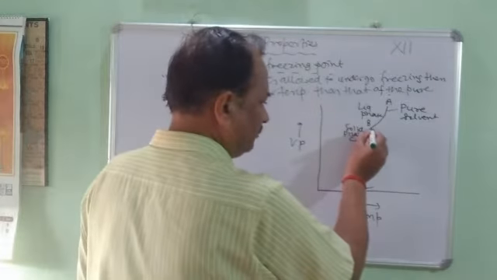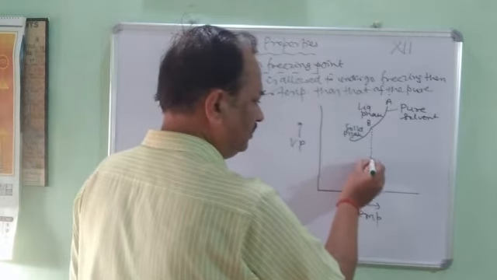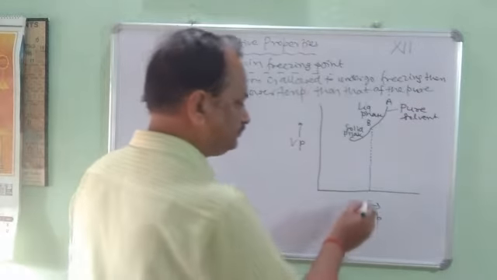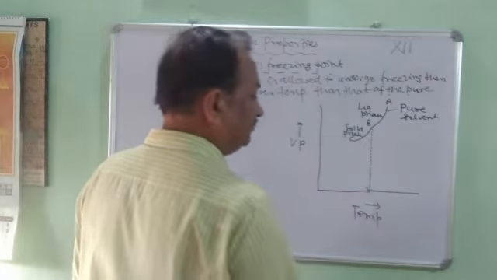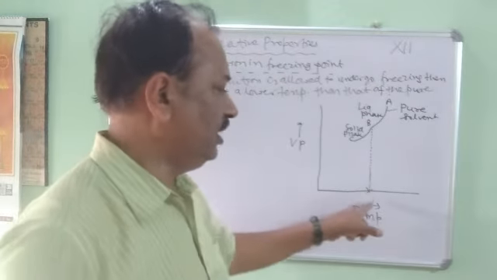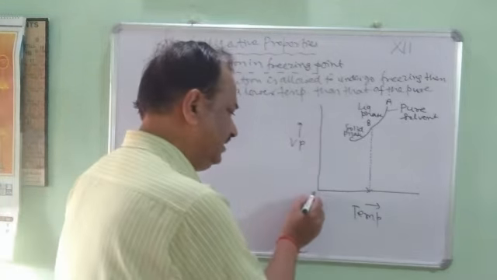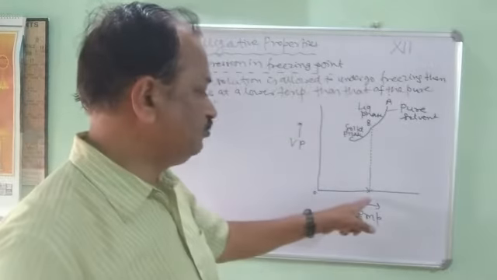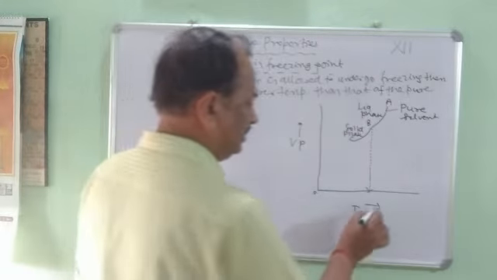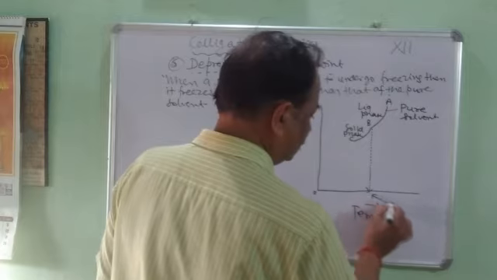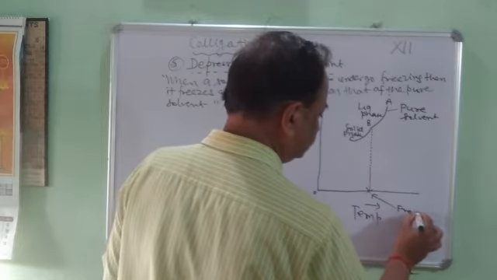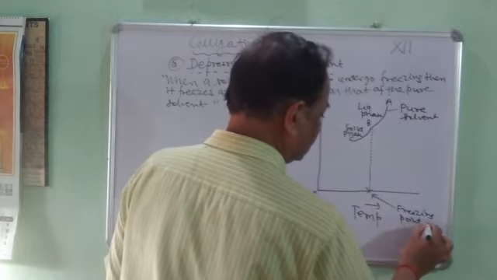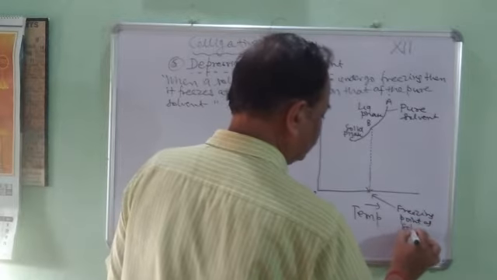So we'll draw a perpendicular here, and this is the freezing point. Let this point be 0 for our purpose of simplicity. So this point is the freezing point of the solvent.